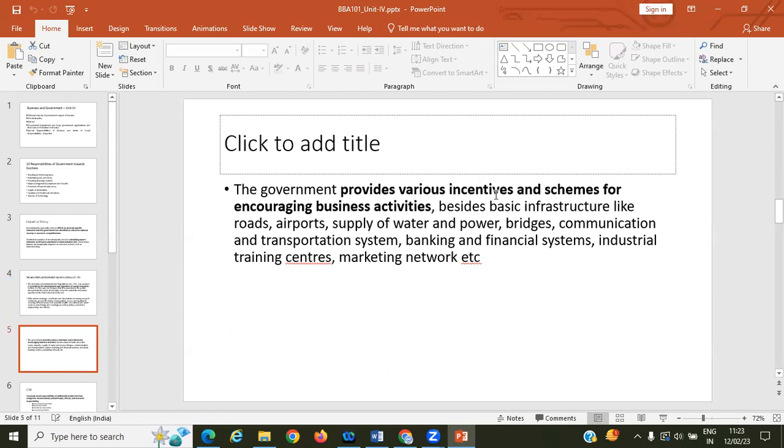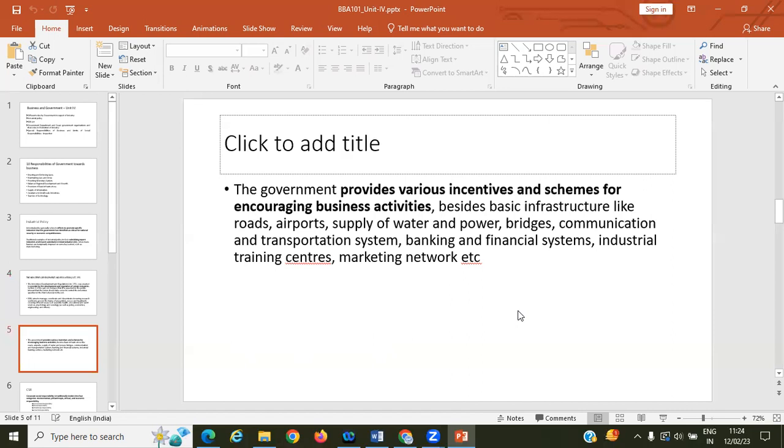The government provides various incentives and schemes for encouraging business activity. This is what we discussed some time before. What is the role of government in the industry? Government provides all these activities, the infrastructure. Infrastructure includes roads, airports, water, electricity, bridges, communication, everything. That is the main thing government is providing.